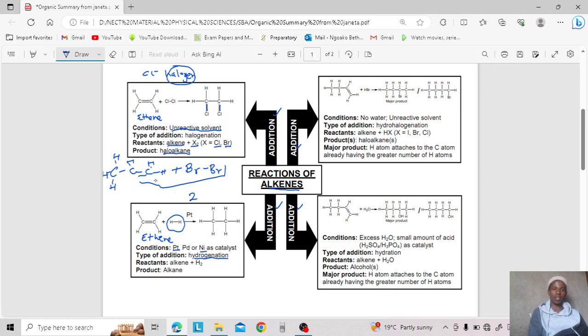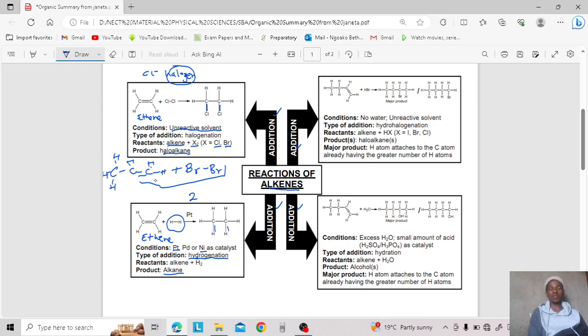Because we only added hydrogens, we call it hydrogenation. The reactants are an alkene and H2, which is hydrogen, so that's why we say hydrogenation. The product will be a simple alkane. The double bond breaks, about this one and this one. Then the hydrogens fill in.